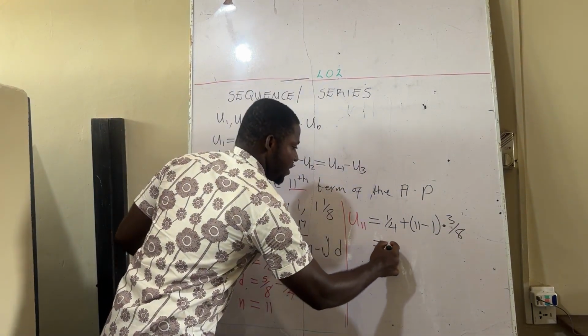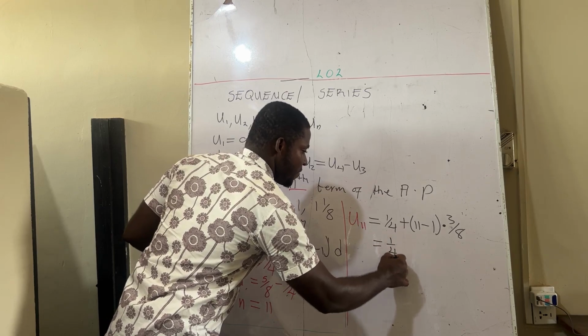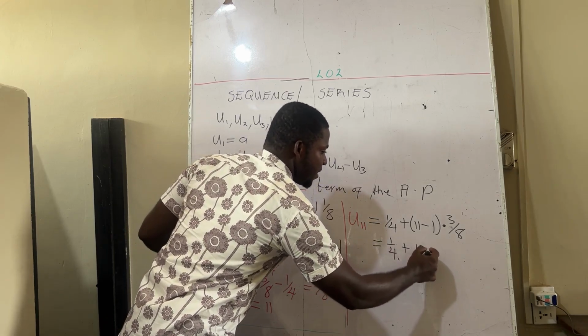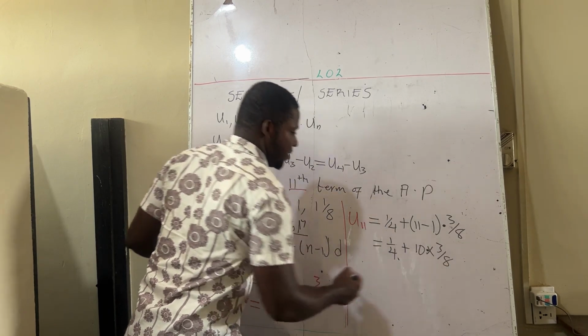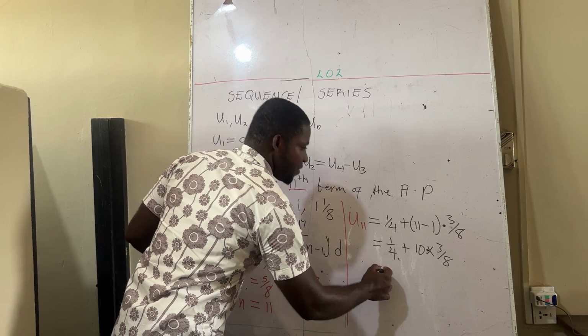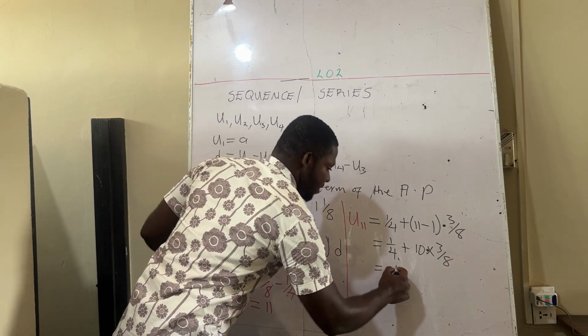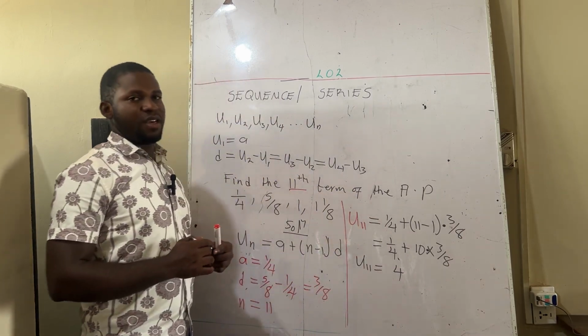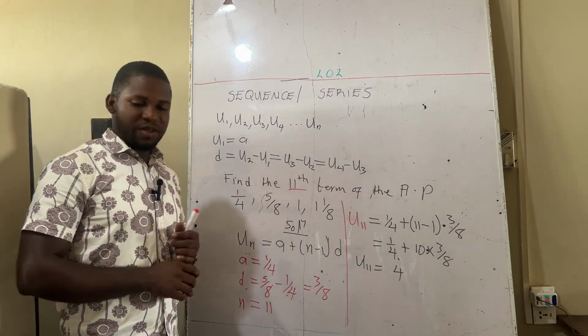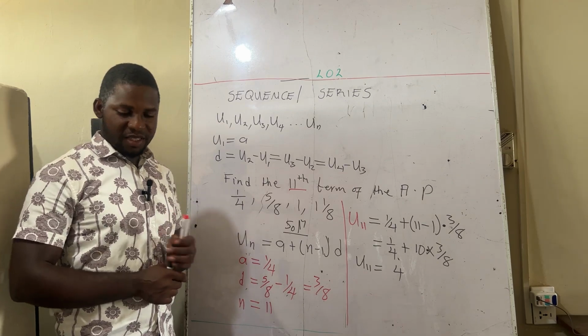So this is 1 on 4 plus 10 multiplied by 3 on 8. When you simplify this, you will get 4. It means that U11 is 4.